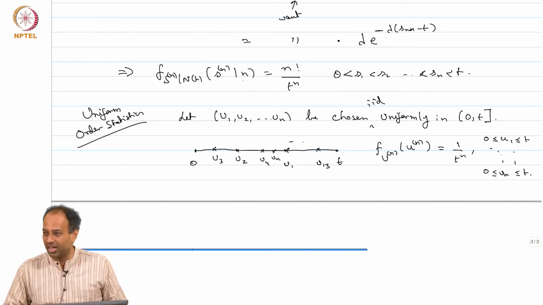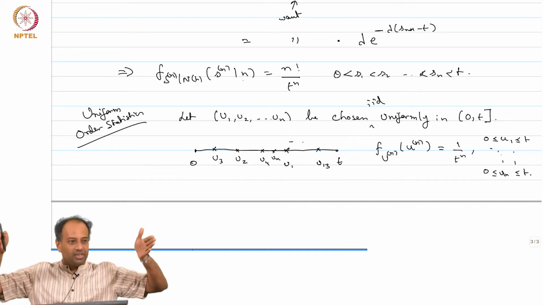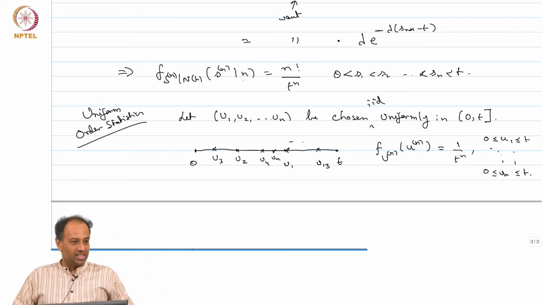So, here is what I am saying. This result is saying something very powerful. You take one scenario where a Poisson process is running, I am fixing some time t, and it so happens that there are n arrivals. The distribution of the arrival times of these n arrivals will be statistically indistinguishable from just fixing this time and throwing n independent uniforms on this interval and looking at the ordered distribution.